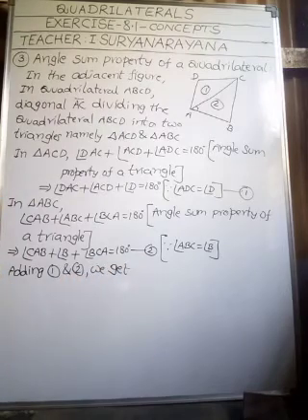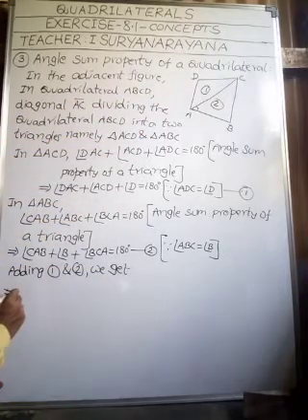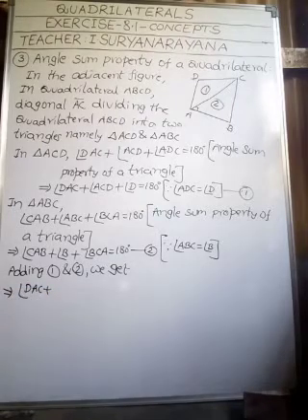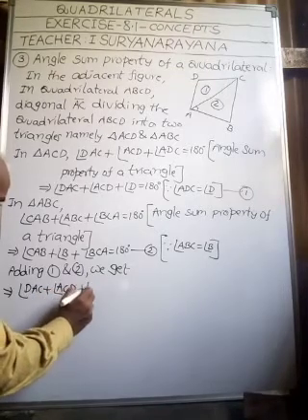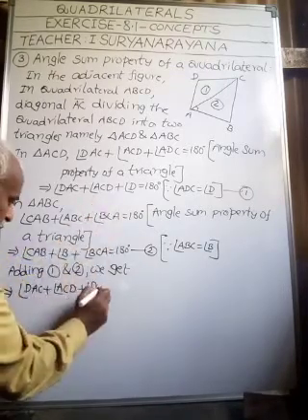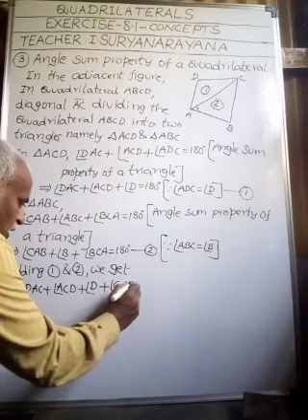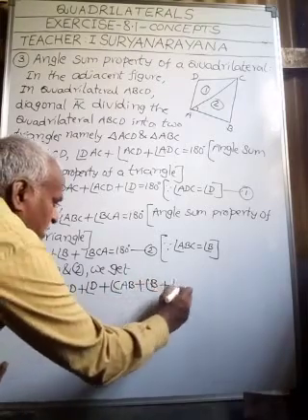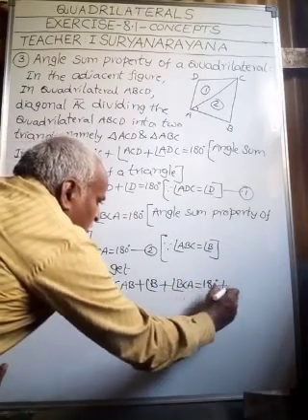By adding the equations 1 and 2, angle DAC plus angle ACD plus angle D, plus angle CAB plus angle B plus angle BCA is equal to 180 degrees plus 180 degrees.